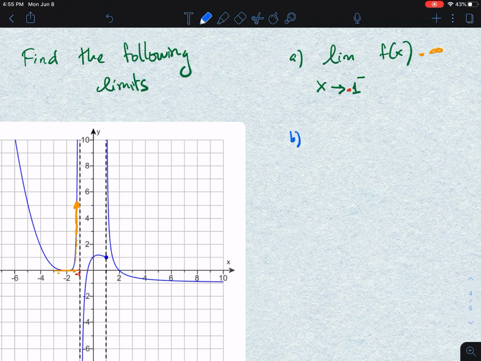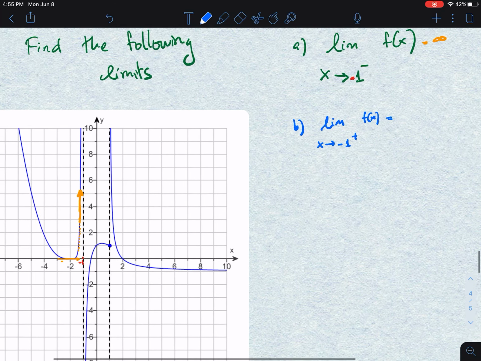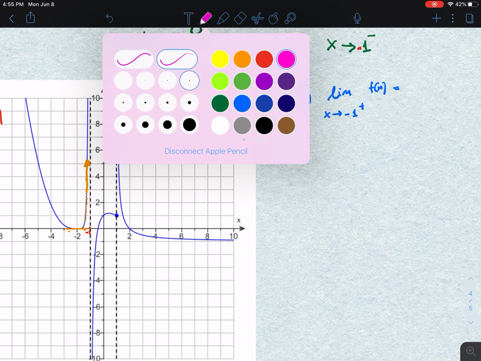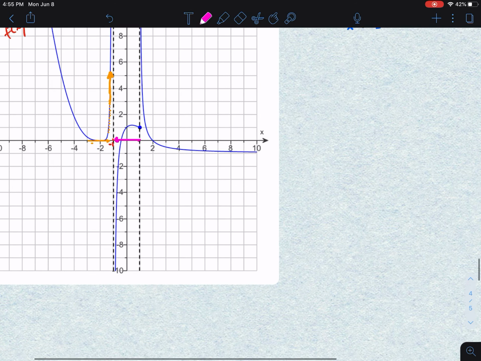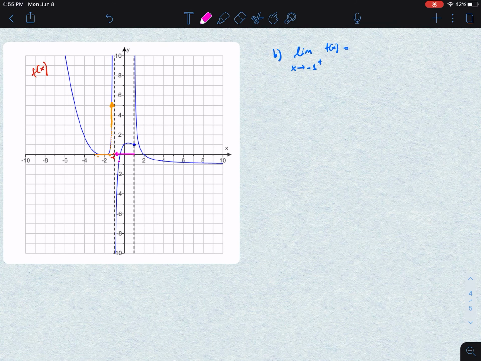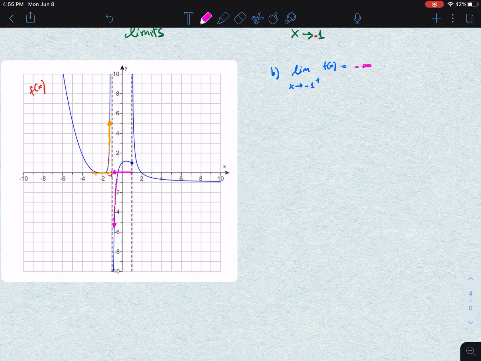Part B, let's look at the limit as x approaches -1 from the right-hand side of f of x. As x gets closer to -1 from the right-hand side, the y values are decreasing to negative infinity.